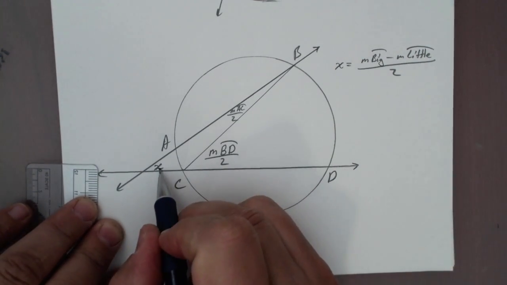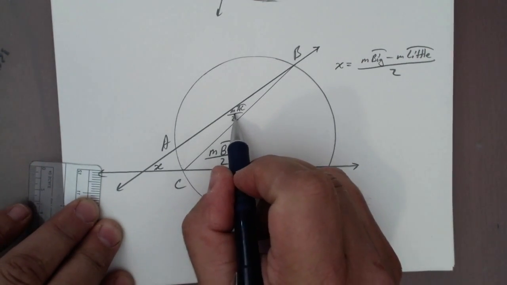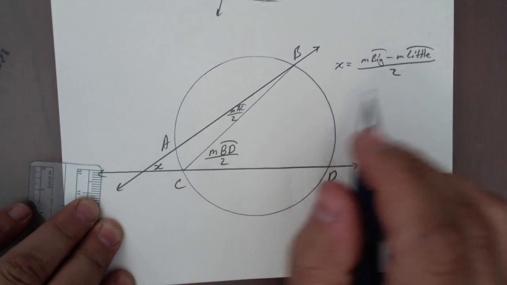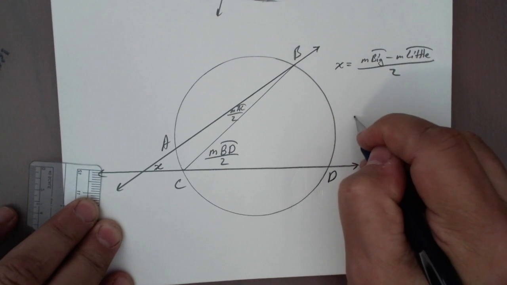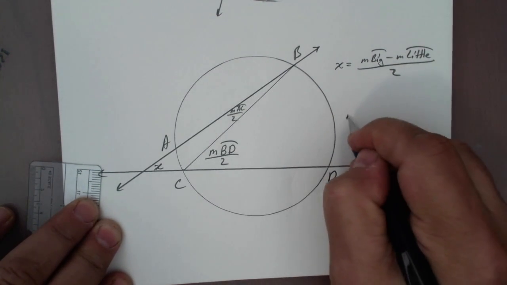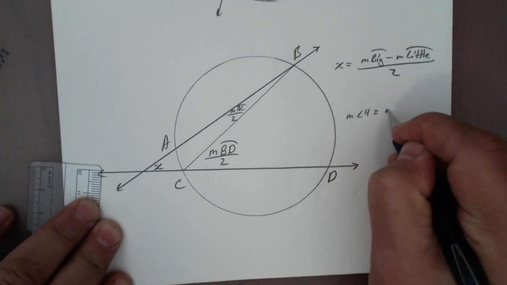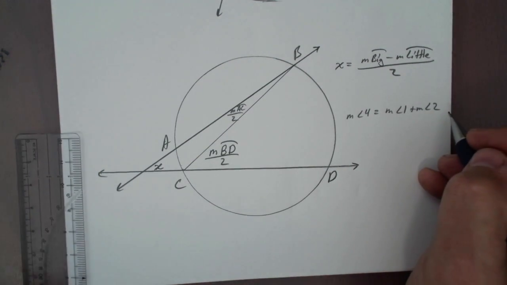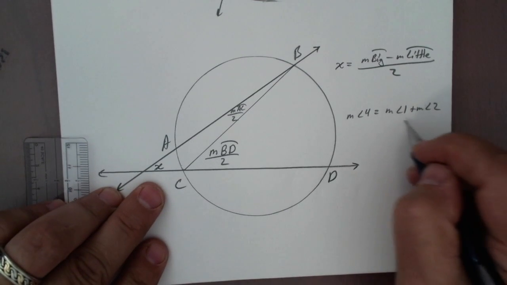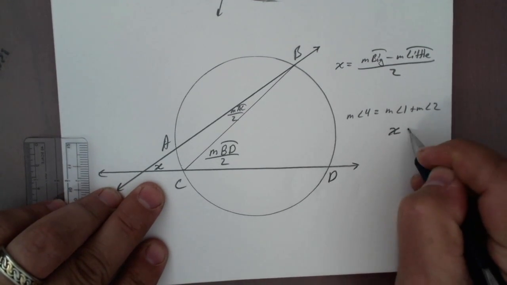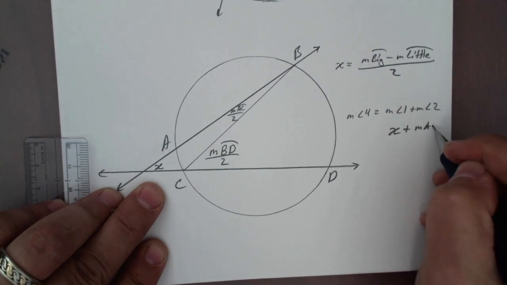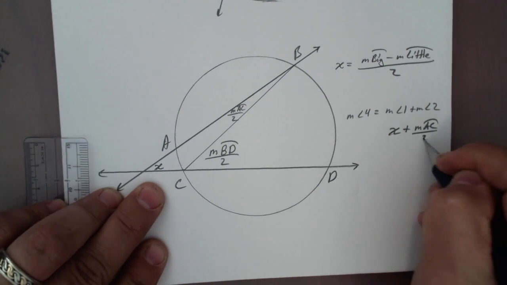Now, x is one of the remote interior angles of this situation. So we have, in the same case, measurement of angle 4 is equal to the measurement of angle 1 plus measurement of angle 2. Okay, two remote interior angles. Well, one of those remote interior angles is x, and the other one is the measurement of angle AC, or our little angle.